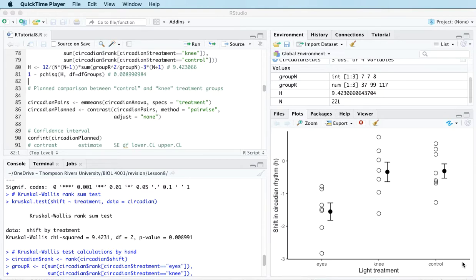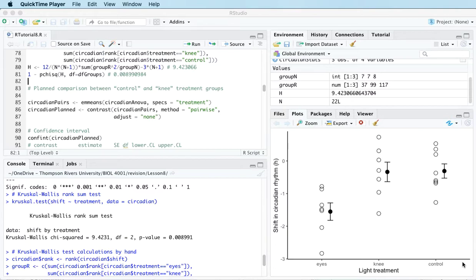And so the more comparisons we do, we increase the possibility that we are making some kind of mistake, either in our decision if we're doing a hypothesis test, or in our interval if we're calculating a confidence interval.